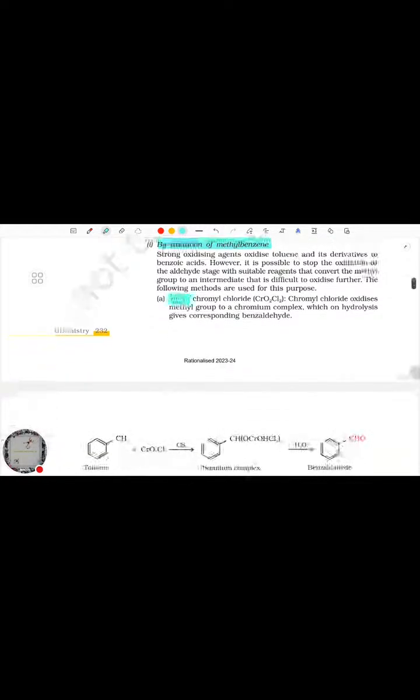The first one is chromyl chloride, CrO2Cl2, a chromium complex which on hydrolysis gives the corresponding benzaldehyde. Generally, a strong oxidizing agent forms benzoic acid from toluene or its derivatives.